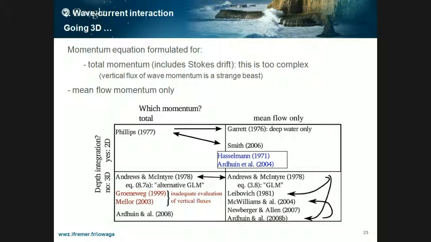All right, so that was 1D, and if you go to 3D, you get this kind of effect plus some other things which come from the horizontal gradients. There are many different equations and several ways to look at this. In 2D, things are pretty simple, and I think everybody agrees.